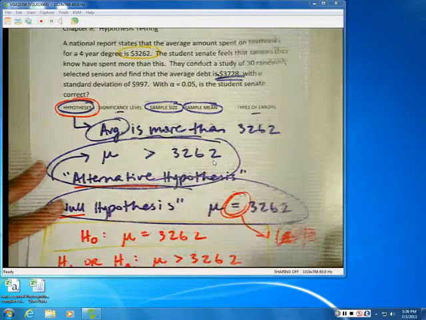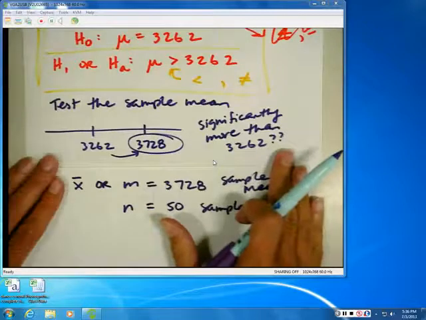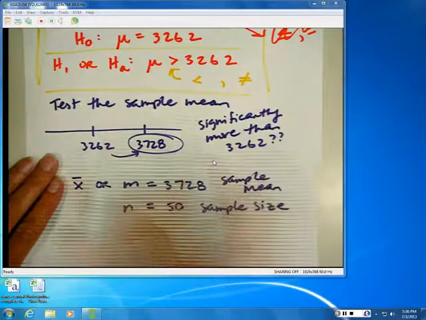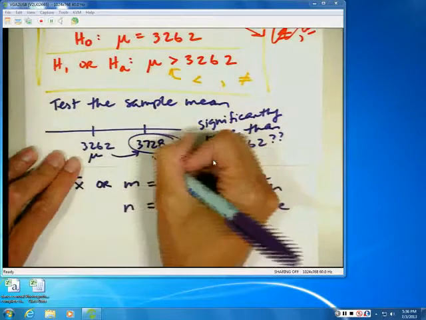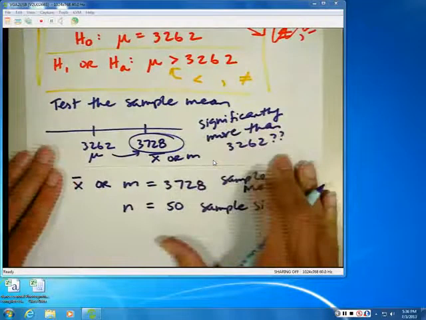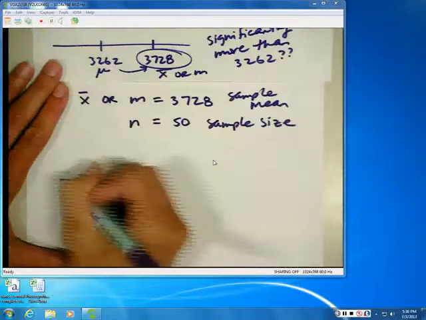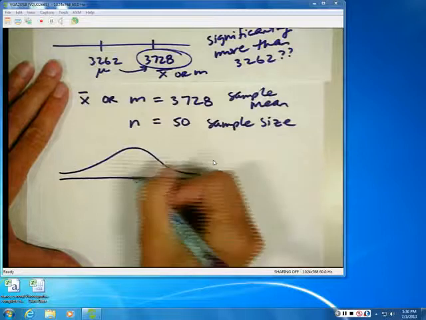Well, we've been working a lot on confidence intervals, which included the normal curve. And this is no different. This is mu here, that 3262. This is x bar, or m. We're going to go ahead and draw this on a normal curve. So let me redraw. Our hypothesized mean goes in the middle.